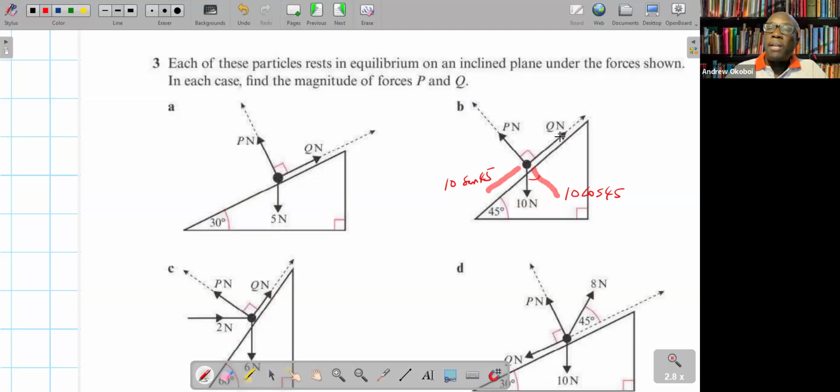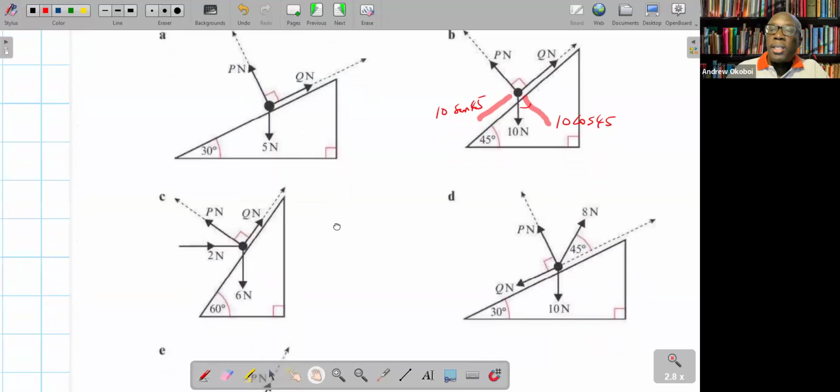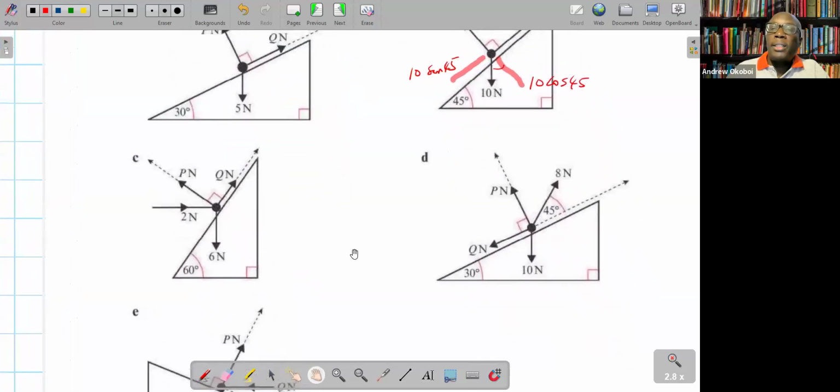So Q is 10 sine 45, P is 10 cos 45. Now 10 sine 45 and 10 cos 45 are exactly the same thing, so P and Q are equal. Now let's look at version C here. Actually, I'm going to look at D, and then we'll look at C, because C is slightly more complicated.